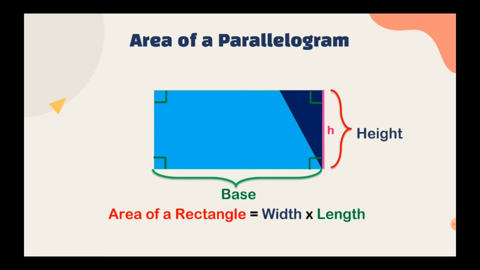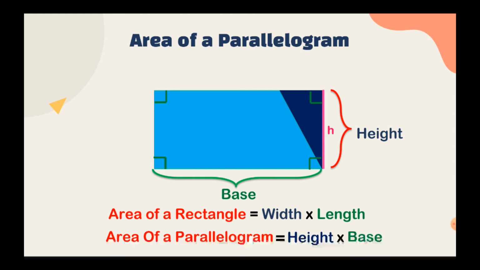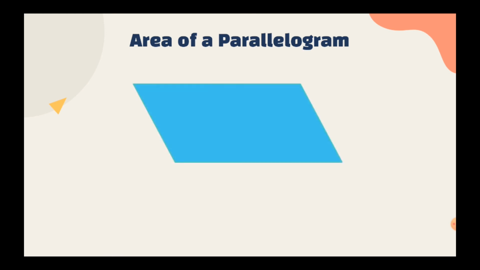So, as I said before, the area of this rectangle and the parallelogram are equal. So, we can say that the area of this parallelogram is height times base. Well, let's write this again.